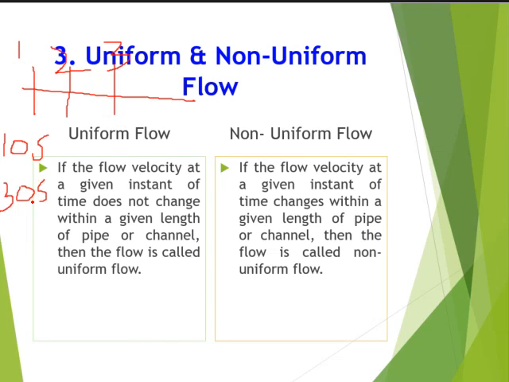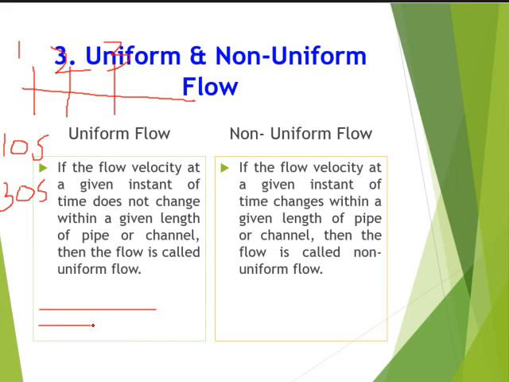Then we measure the reading after, let's say, 30 seconds, and the flow velocity is the same at all these points, points 1, 2 and 3, then it is a uniform flow. The reading may be different at these two times. So it is irrespective of the time, it depends upon the distance. So within a given length at a particular instant, if the velocity remains constant, then it is a uniform flow, otherwise it is a non-uniform flow.